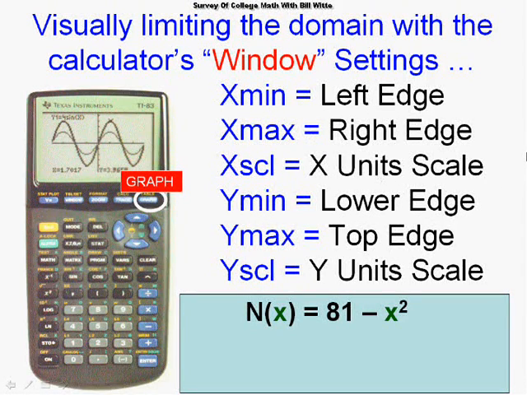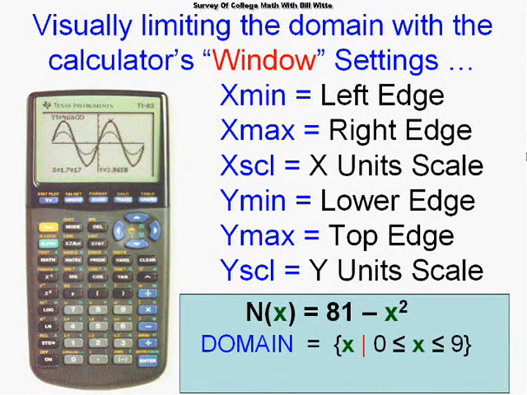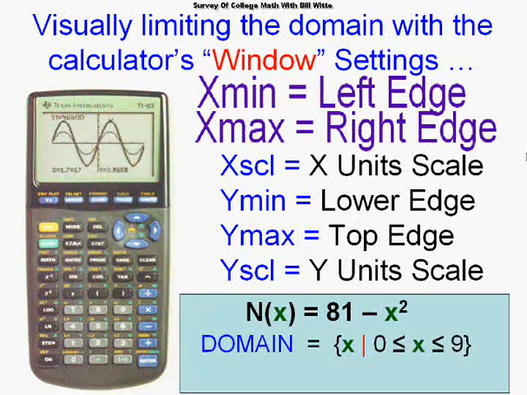I'm going to limit the domain of this function, or the picture of this function on the calculator, using window. Now remember, the domain is from 0 to 9. So when I hit window, I want to limit the x value from 0 to 9. I'm going to change the minimum x value and the maximum x value.